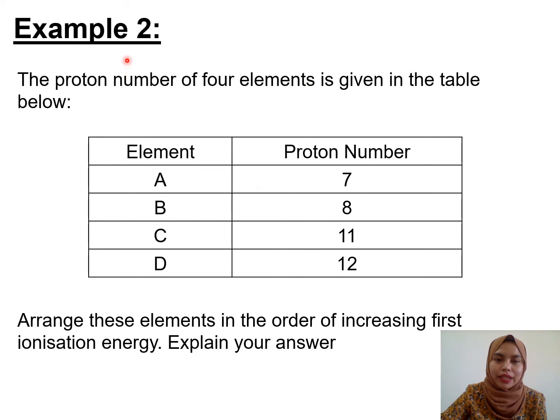Next example, let's say you have these 4 elements with their respective proton numbers. The question asks you to arrange these elements in order of increasing ionization energy and explain your answer. Okay.